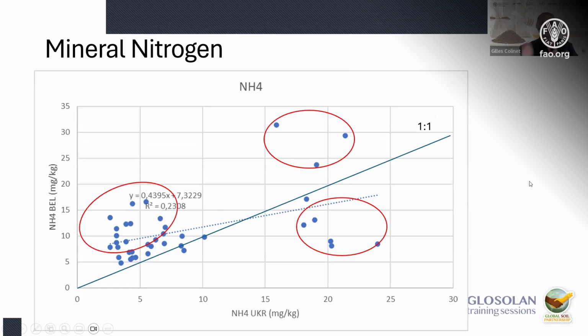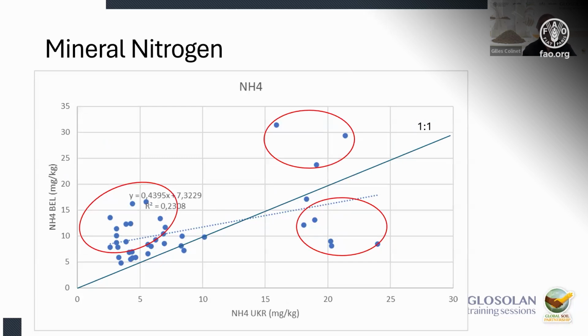So the correlations are not so good, but you should always know that when you give samples to different labs, you have discrepancies. You don't have exactly the same. Even in the same lab, you have analytical variability, and the idea is to acknowledge this variability, and either you accept it, or you don't accept it and you try to reduce it as much as possible.